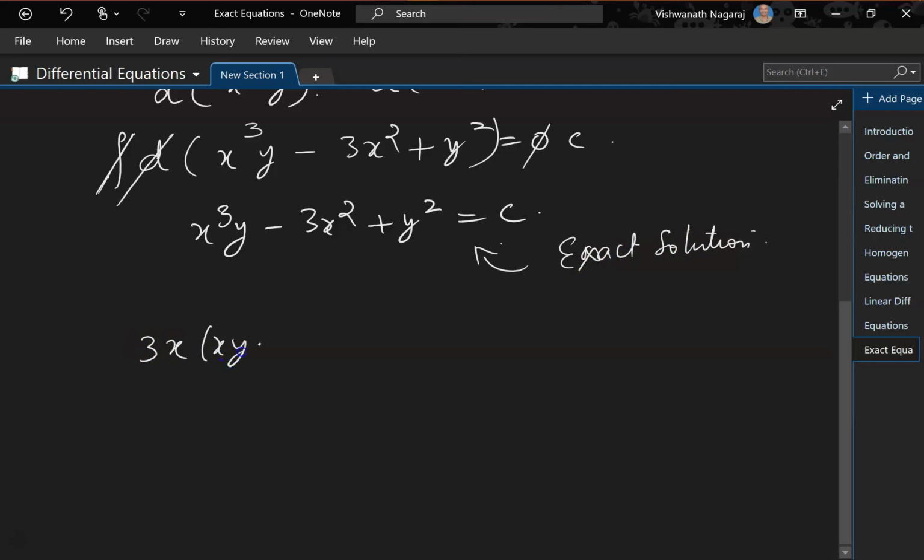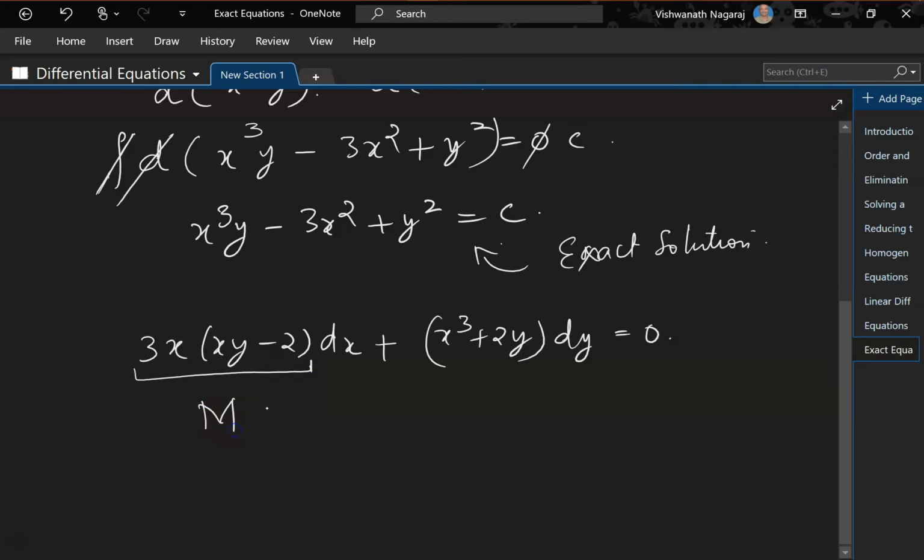(3x(xy) - 2) dx + (x³ + 2y) dy = 0. If you look at this, this is a function of x, y times dx, and this is a function of x, y times dy equal to 0.